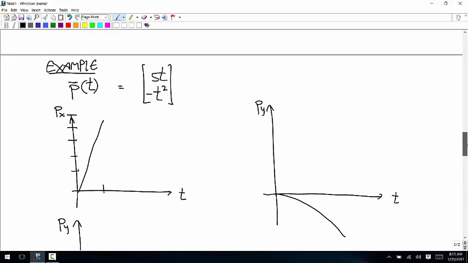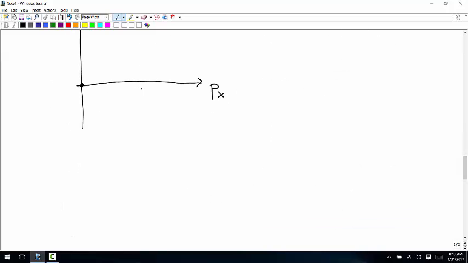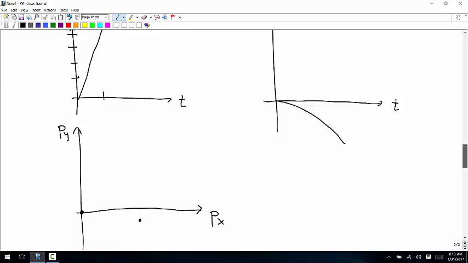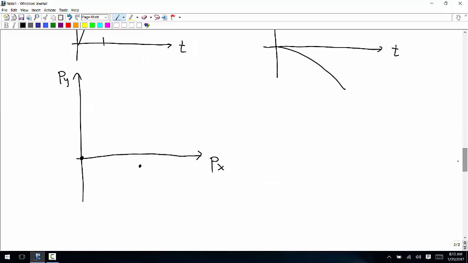What's the position vector going to be when time is equal to 1? 5, -1, yep. So that would be, say, here. When time is equal to 2, what's the position vector? 10, yeah, -4. And so something like that.